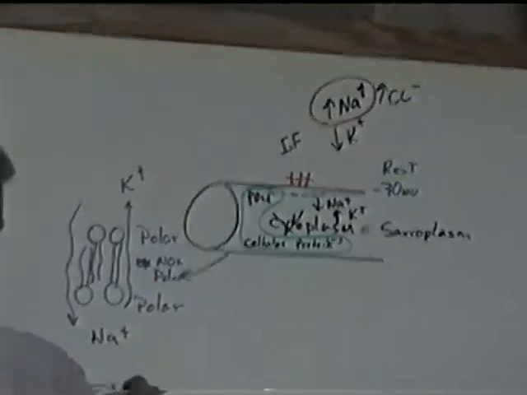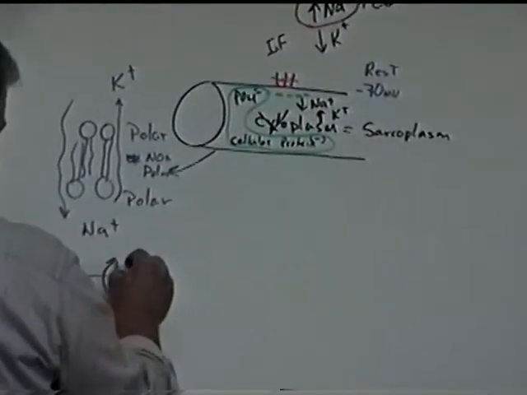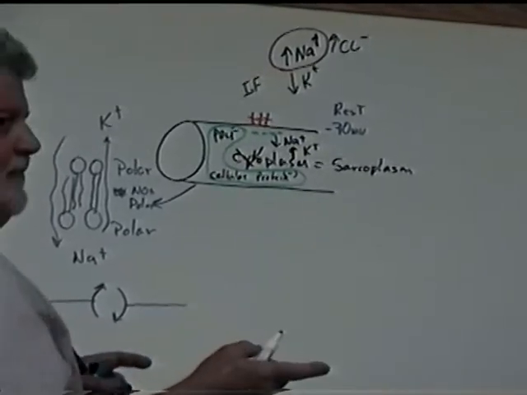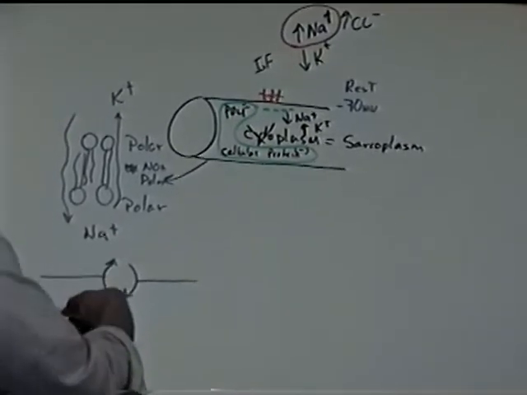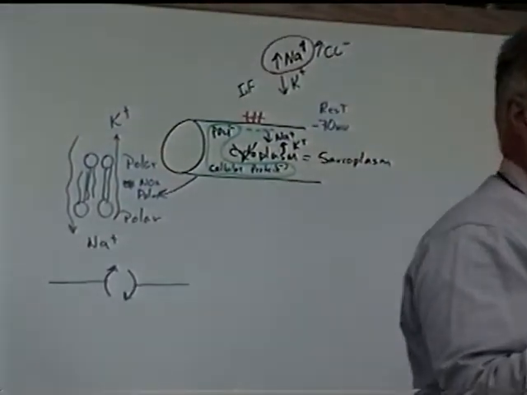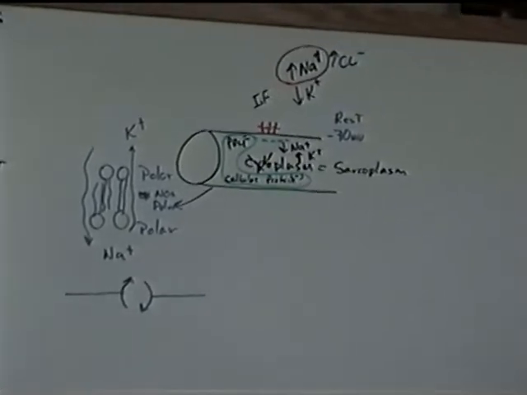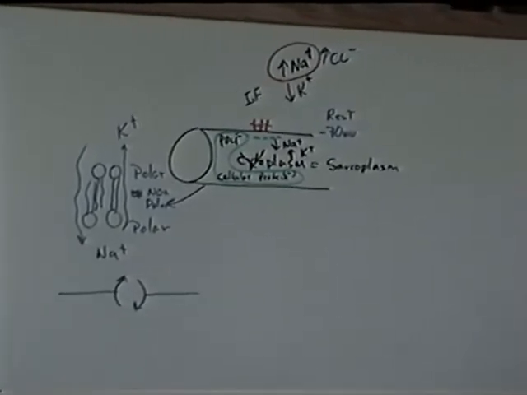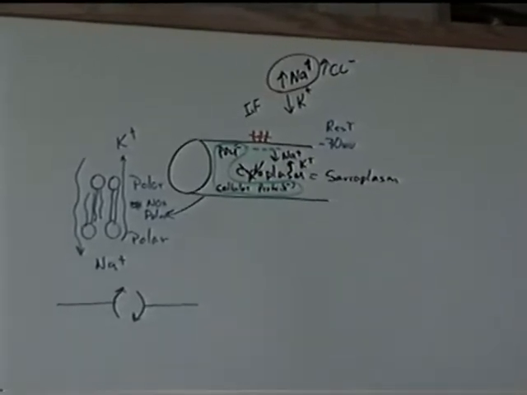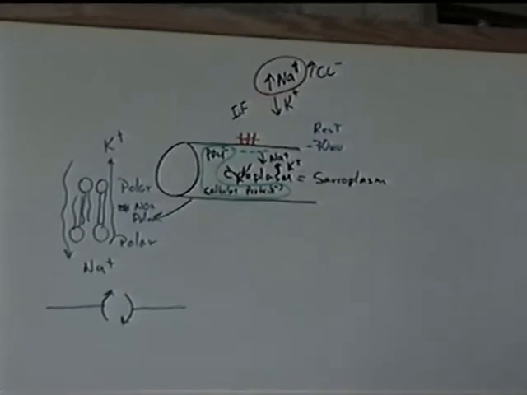To maintain that, we have an active transport mechanism that's constantly moving ions in and out of the cell. Remember, if we're moving two entities together, in the first unit we called it a co-transport system. And when we looked at co-transport systems, we could divide them as symporters or antiporters. So which one moves ions in opposite directions? An antiporter.